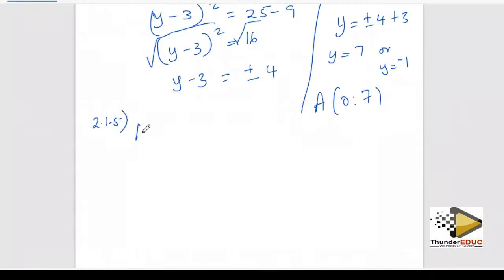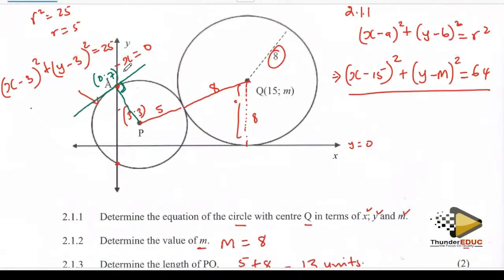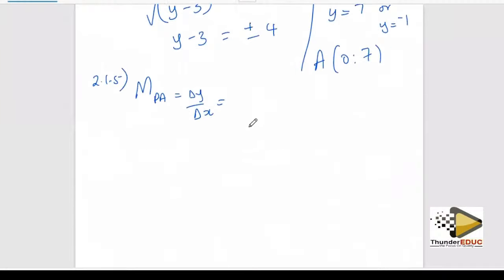So gradient of PA is change in y over change in x. So I'm going to have 7 minus 3 over 0 minus 3, that's going to give me negative 4 over 3.